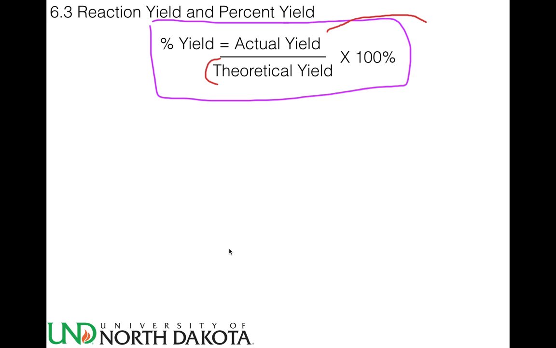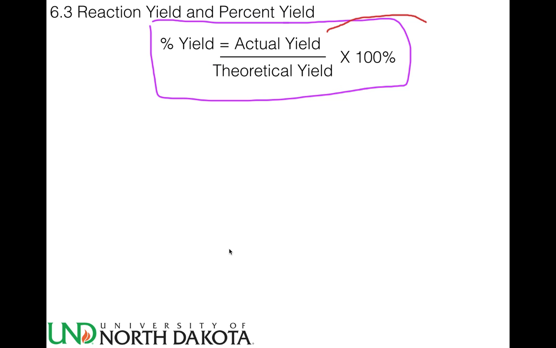And theoretical yield is something that we can solve for using the stoichiometry steps we learned in the previous video. For any given amount of reactant, we can use that starting amount of reactant to calculate the maximum amount of product that can be achieved. And so that's what we'll do in the next few questions.